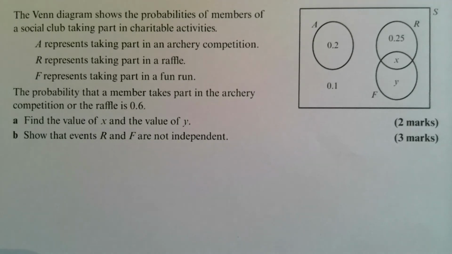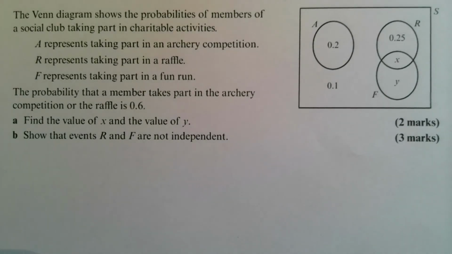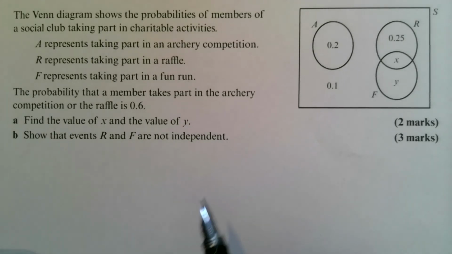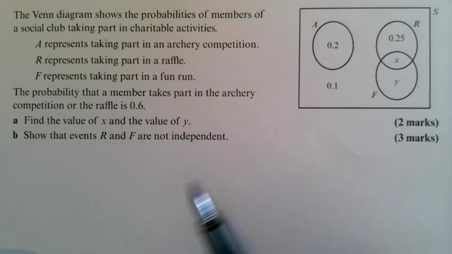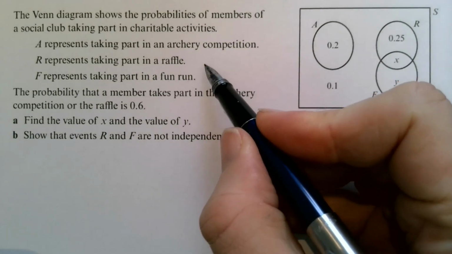Right then, final question, and we're done for the week. Pause the video, have a good go at it. Right, so we know that the probability of someone taking part in the archery or the raffle is 0.6. So the archery is 0.2.